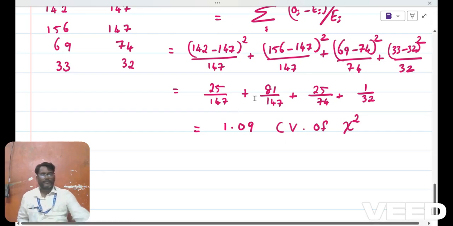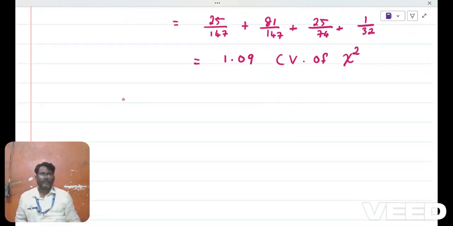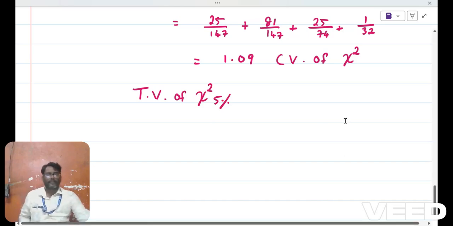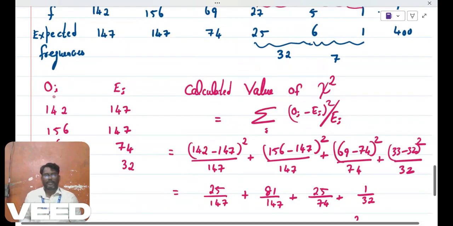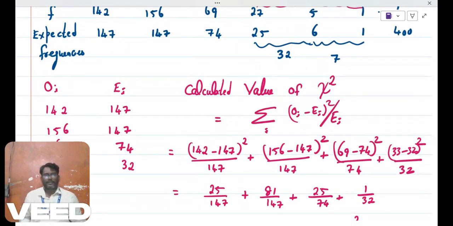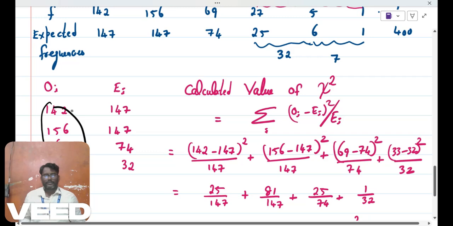Next, we want to find the table value of chi-square under 5%. Here the degrees of freedom will be the number of observed or expected frequencies, which is 4 here. We can count it.